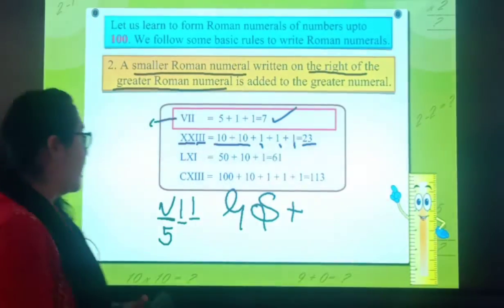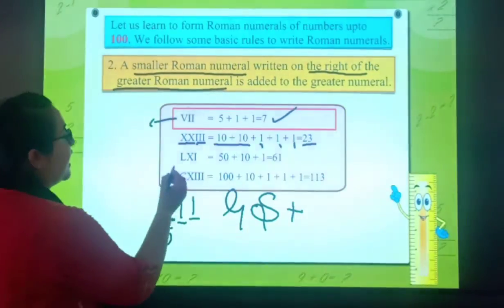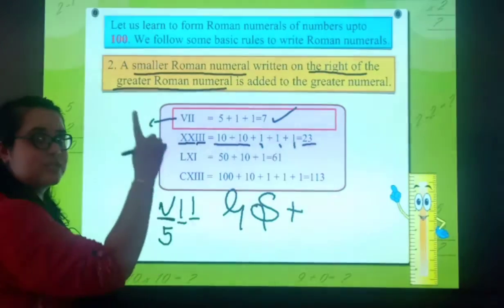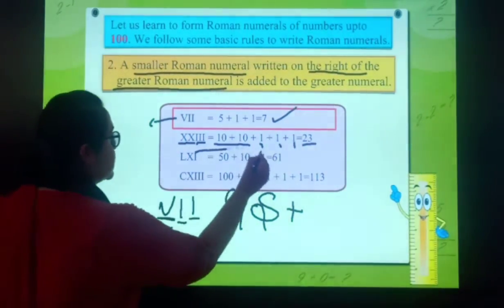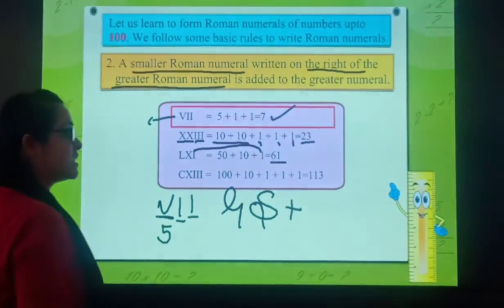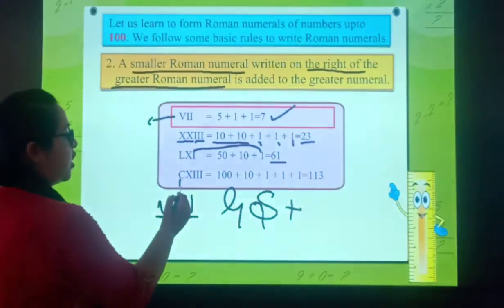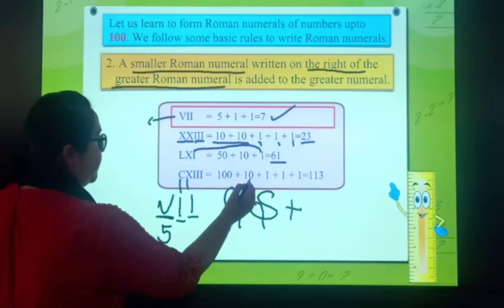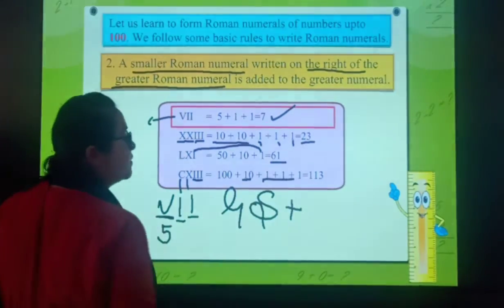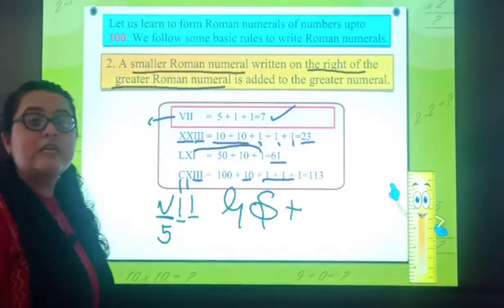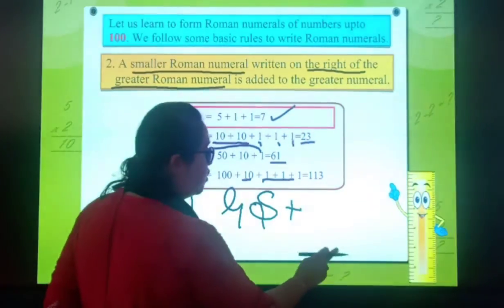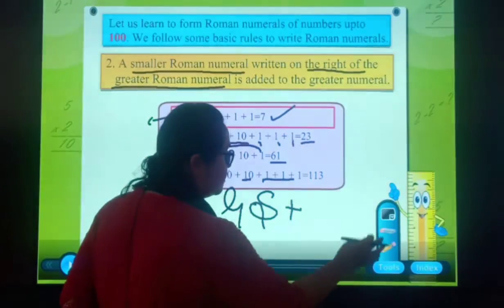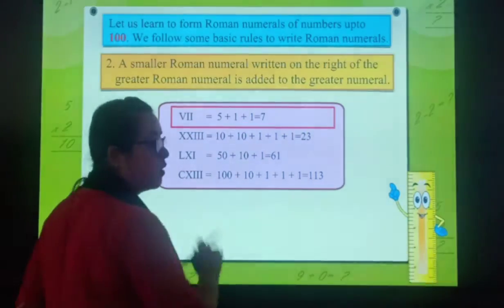Okay? Have a look at this example. LXI. L stands for 50, X stands for 10 and I stands for 1. That results in 61. C stands for 100, X stands for 10, and 1, 1, 1. So what will be my answer? 130. Understood? Please have a look at this. It's very important. Okay?